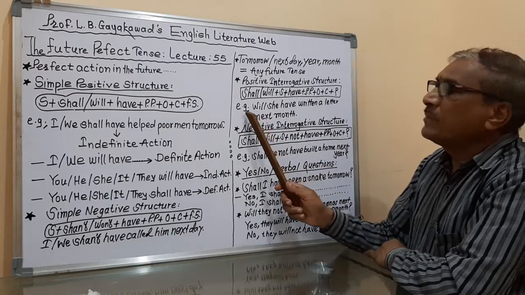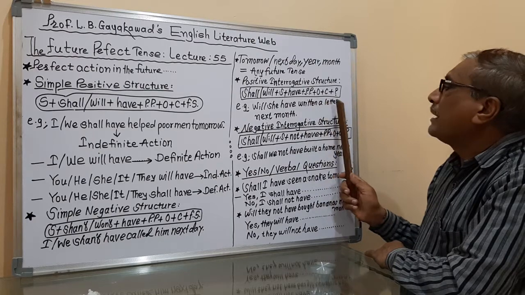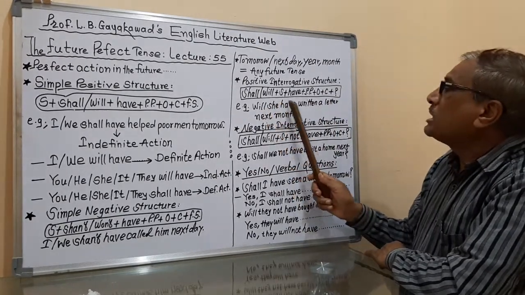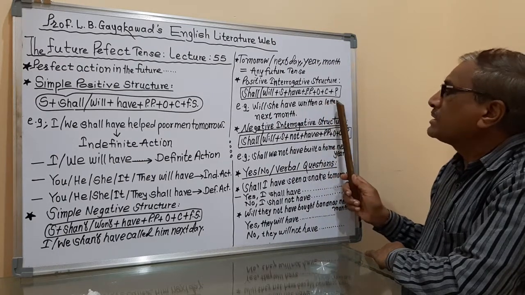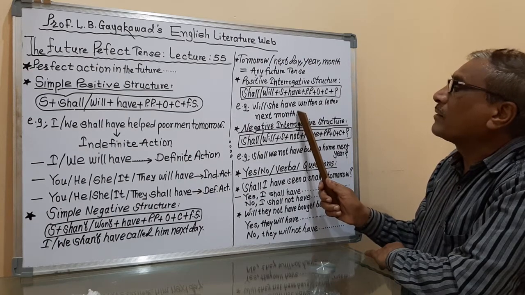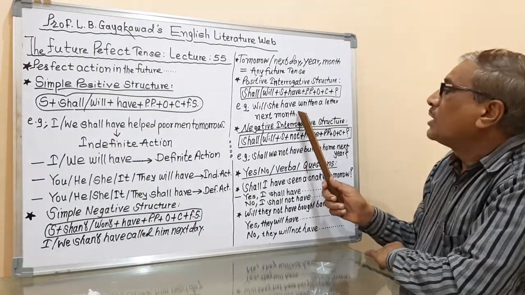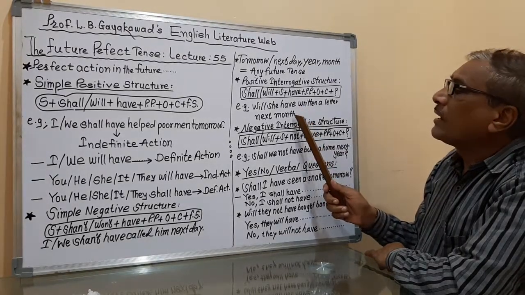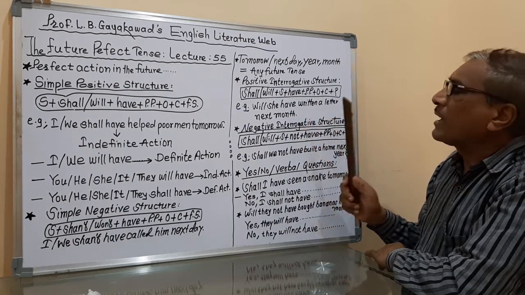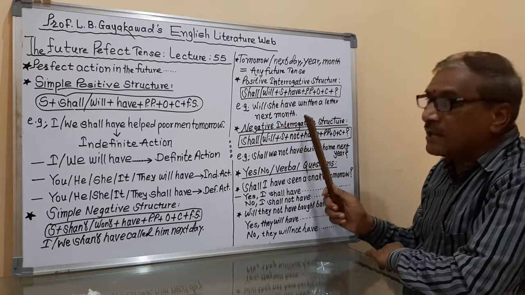So the example will be: Will she have written a letter next month? Will she have written a letter next month? Here there should be the question mark, but I have forgotten to write it, and that's why now I am telling you that here should be the question mark. So, will she have written a letter next month?